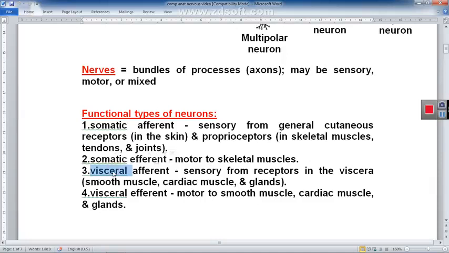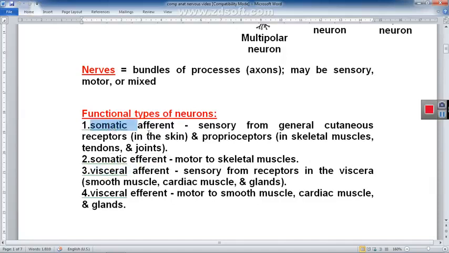But if a nerve cell or neuron is related to transmission of impulses to or from a skeletal structure, this is called a somatic neuron. So we have visceral neurons and somatic neurons.